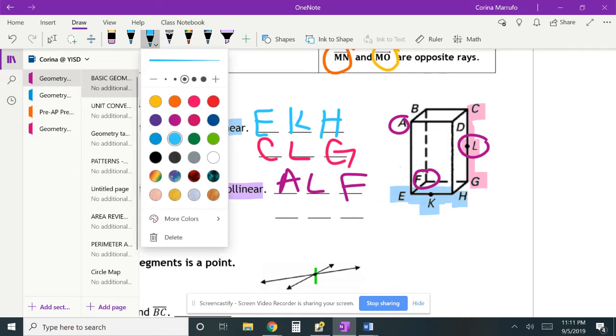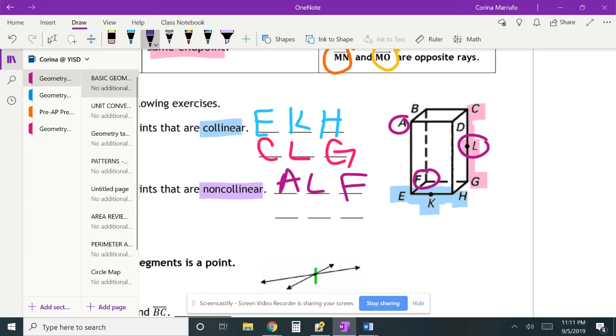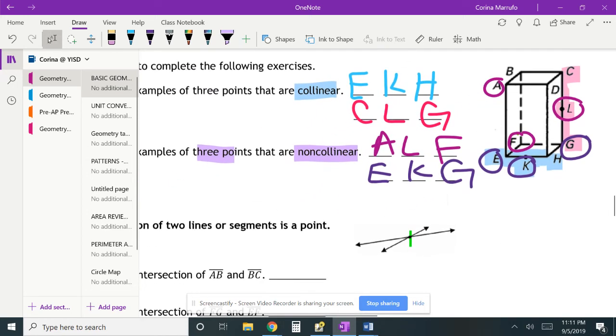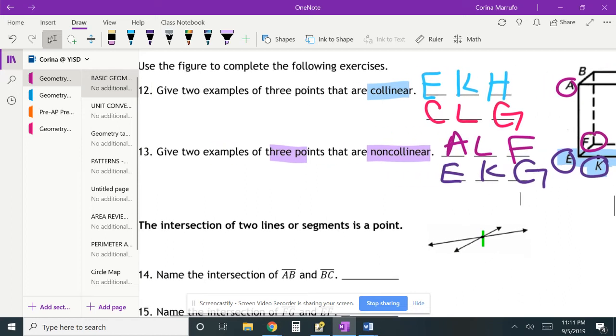Okay, I'm gonna pick another 3 points. So for example, E and K are on the same line, but E, K, and G are all together not on the same line. So those are non-collinear. Okay, remember, it doesn't matter if 2 of them are on the same line. All 3 of them have to be on the same line to be collinear.